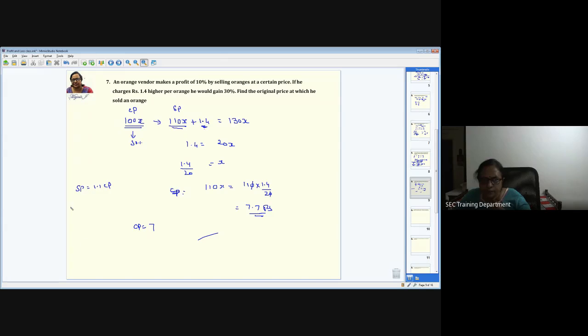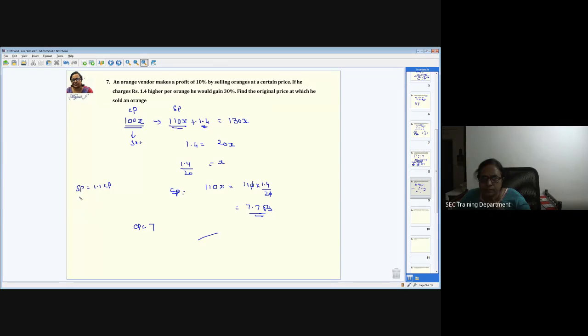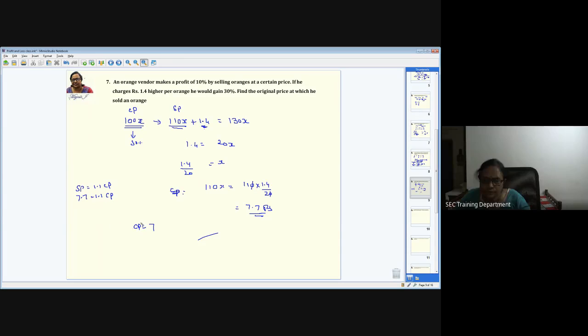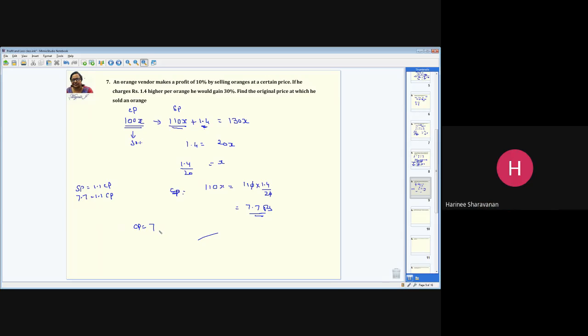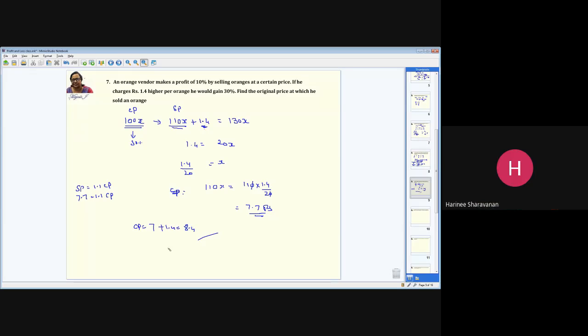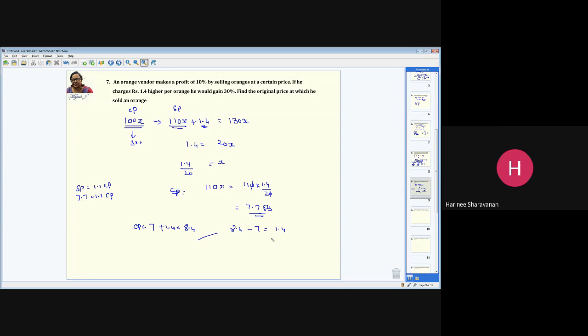So 7.7 equals 1.1 CP, which means CP is 7. And if you add 1.4 to this, that becomes 8.4. So what is the profit now? 8.4 is the selling price, his cost price is 7, so balance is how much?